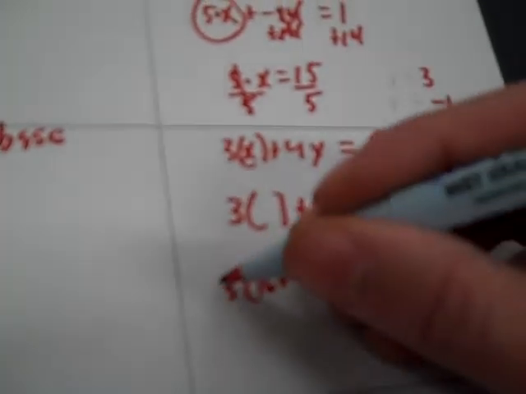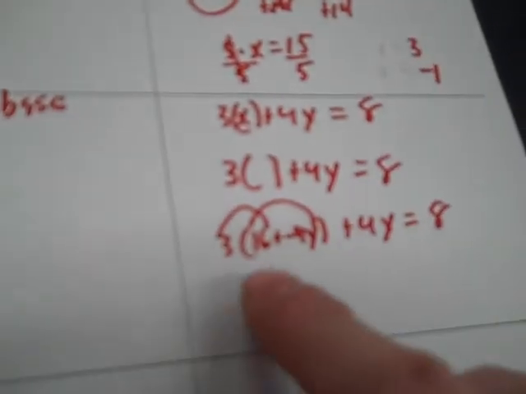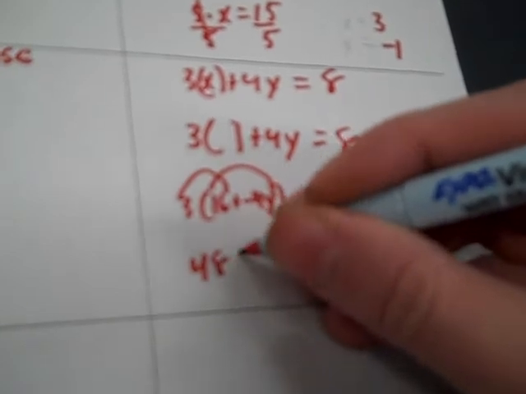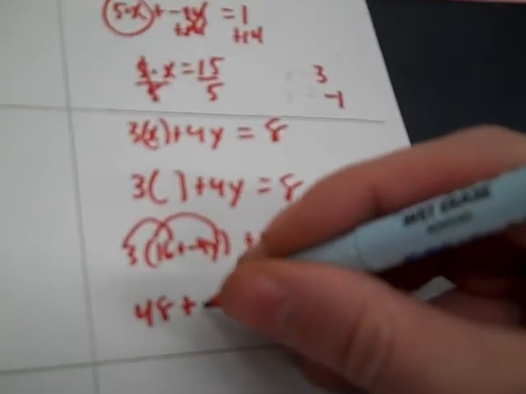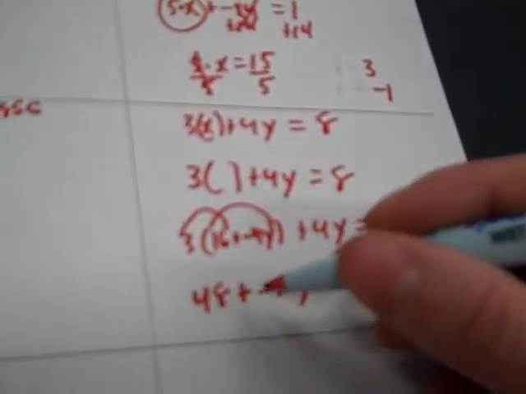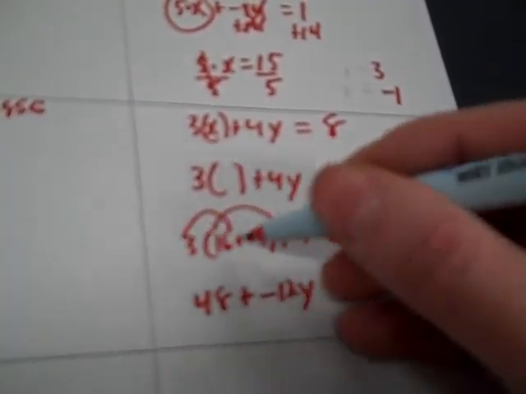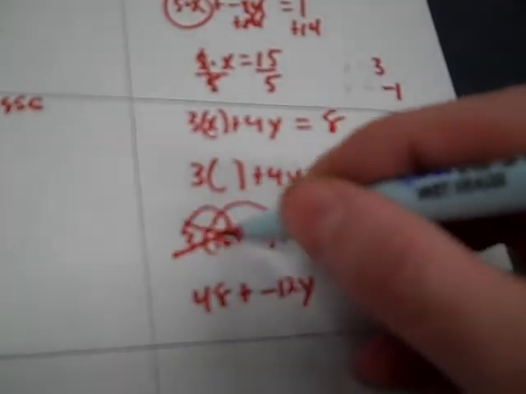Okay, and then rainbows. So we got to take 3 times 16. 3 times 16 is 48, and then I got to plus something else, and I take 3 times negative 4. So 3 times negative 4 is negative 12 with y, okay? Now, after you have those two things written, you want to cross out the parentheses and the number that was multiplied to it.